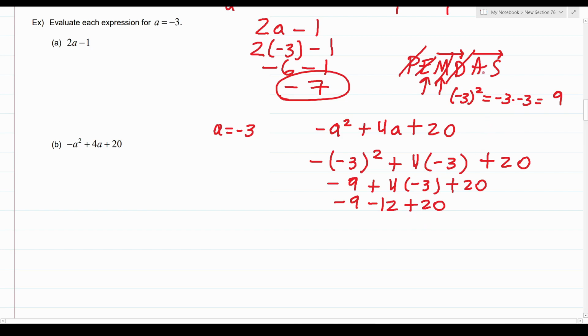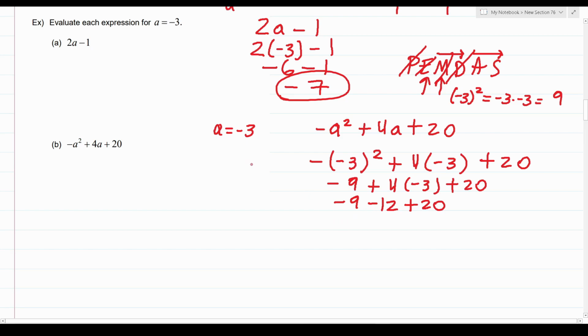And again, you work out addition and subtraction in the expression as they appear from left to right. That is to say, addition and subtraction are equal. You work them out as they appear from left to right. So we're going to work out this subtraction first, and then we'll take care of this addition after that. So this is -9 minus 12.